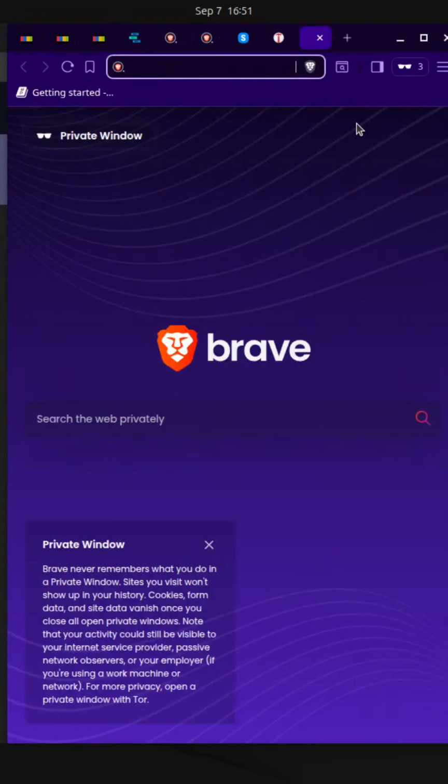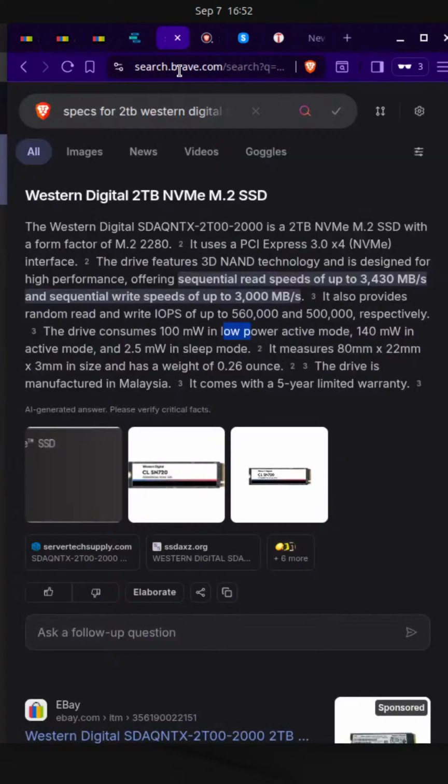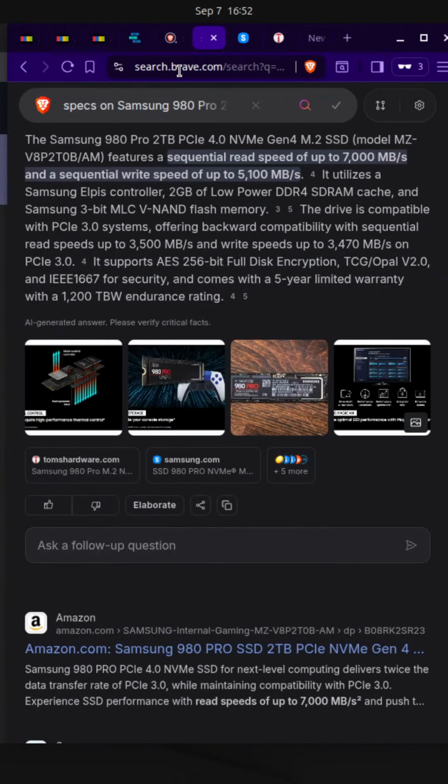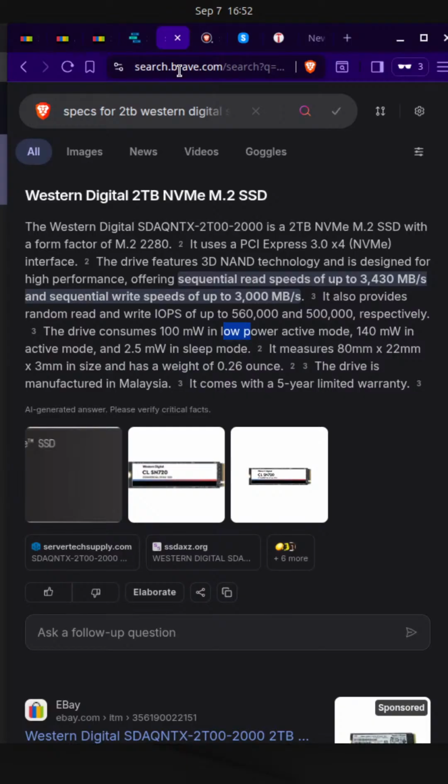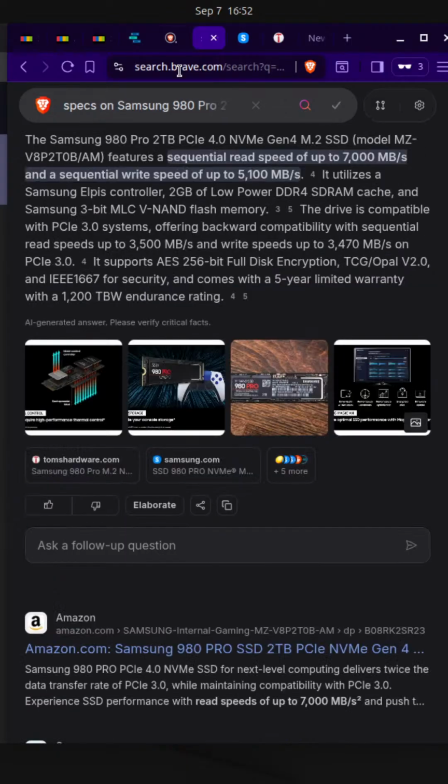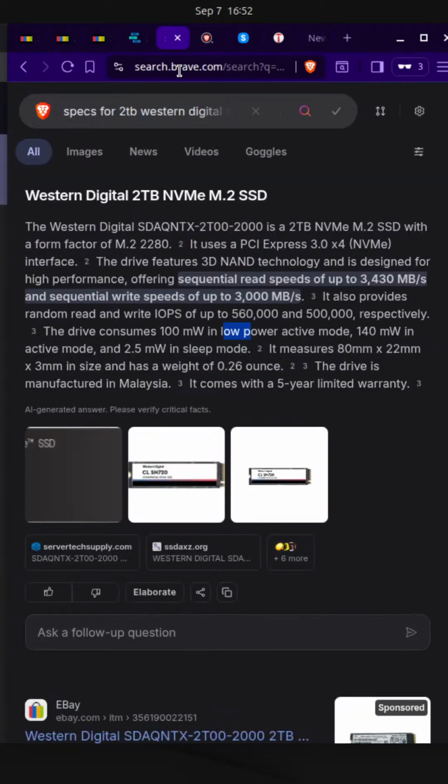But we can learn what's the difference between sequential read and write, and what's this other one say? Oh, they both say that. Sequential read speeds of up to 30 and sequential write speed. Okay. Yeah, no, it's the same.